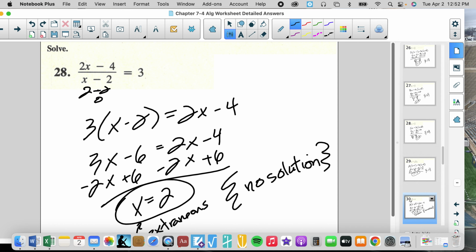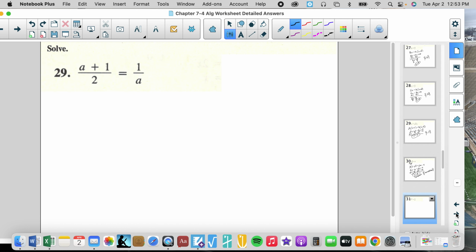Math doesn't know that 0 can't be in the denominator, but we know fundamentally you can't have 2 parts if you don't have any pieces. That's what a fraction is, part over pieces. 2 cannot be the solution, so the answer in this one is no solution.